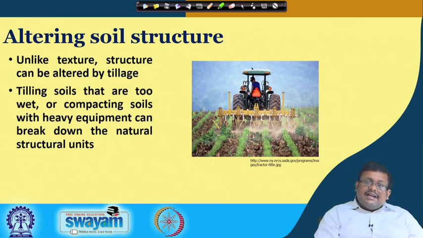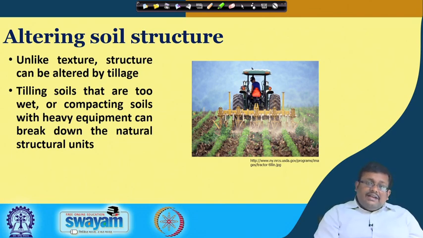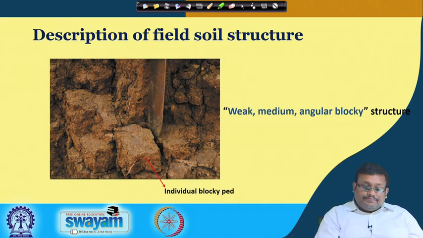We will discuss those effects when we discuss tillage. And remember that soil structure can be changed by implementing different types of management practices, and one of them is incorporating a huge amount of organic matter. So, altering of soil structure is possible.